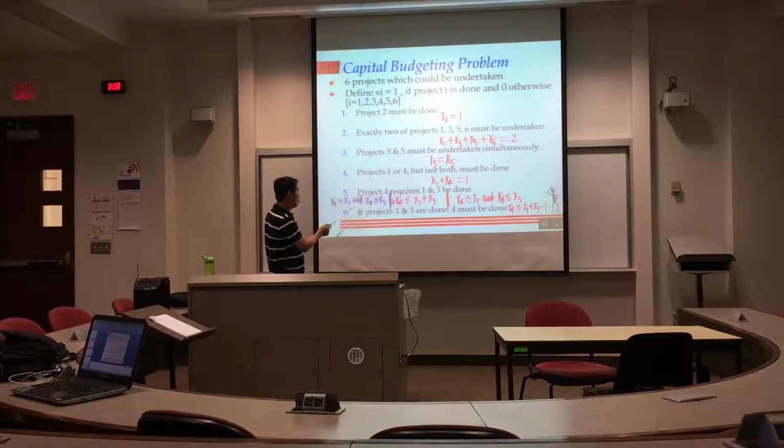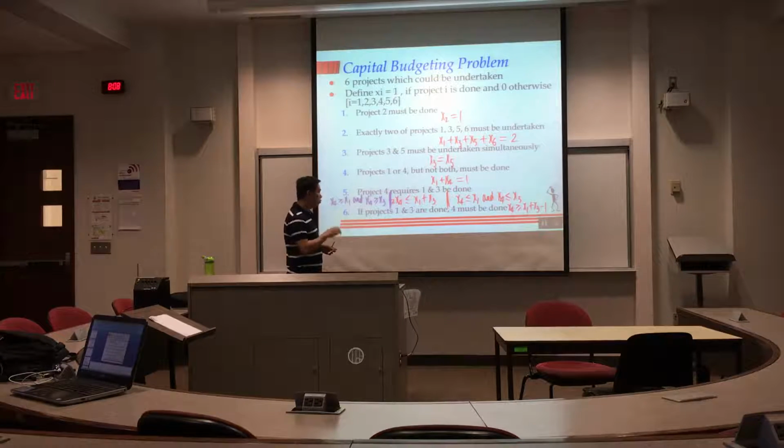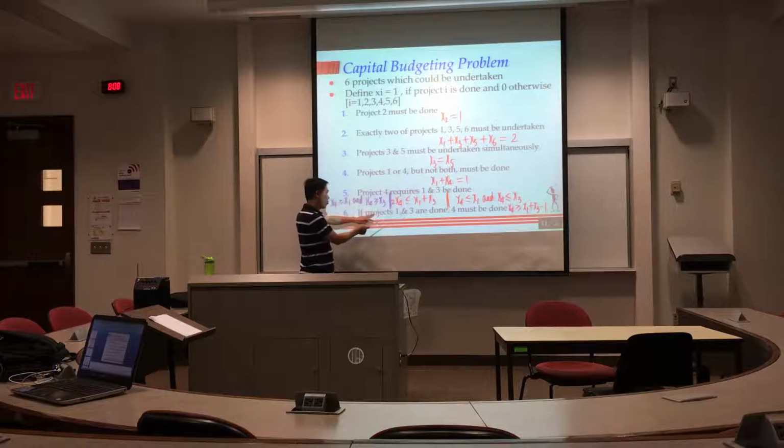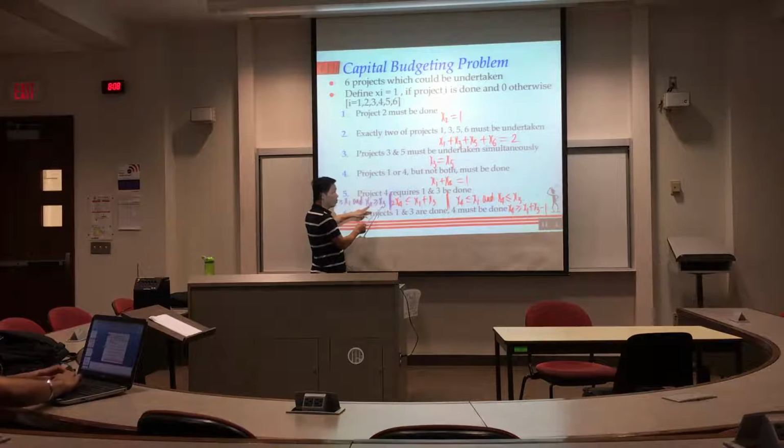Yes. So if this is 0, if project 1 is not done, then this is okay. But what I'm saying is that you have 2 projects, 1 and 3, right? If you only have 1 project done, if x3 equals 1, for example, if project 3 is done, then x4 has to be 1 too.